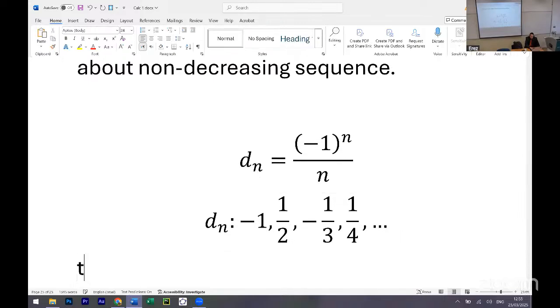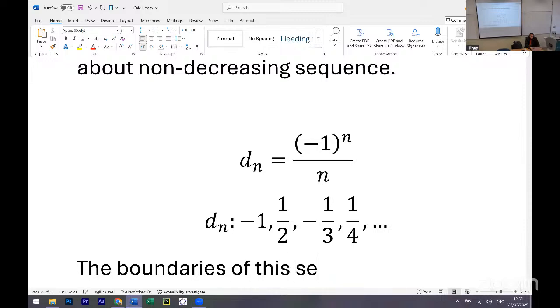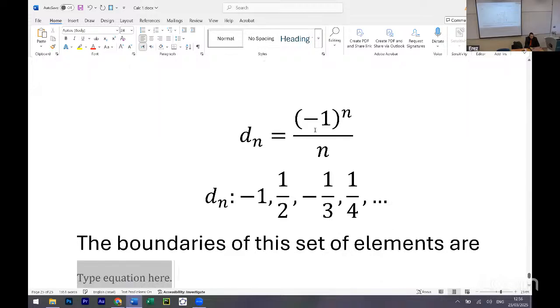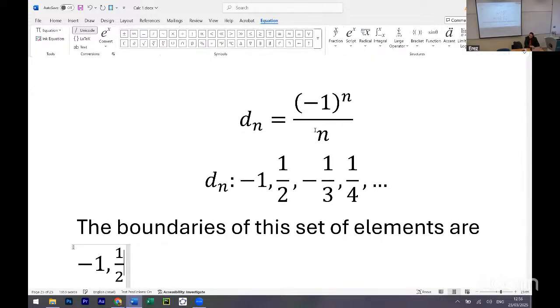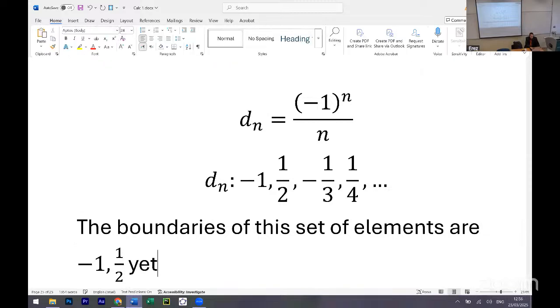The bounds of this set of elements are -1 and half, right? The largest is half, the least is -1, yet the limit is still 0.